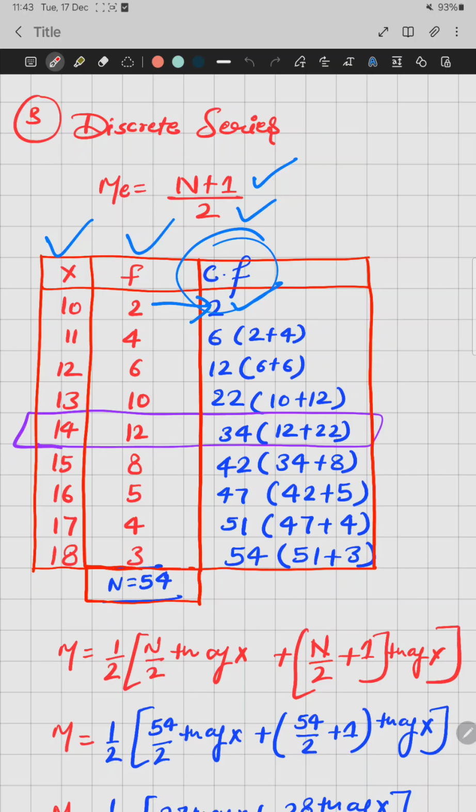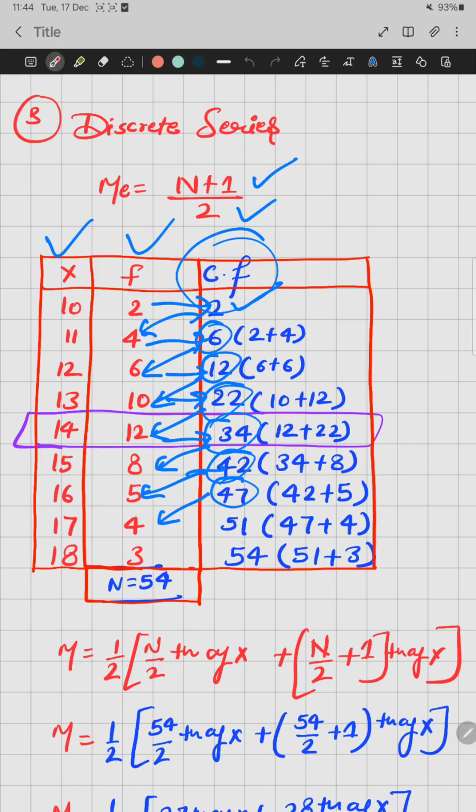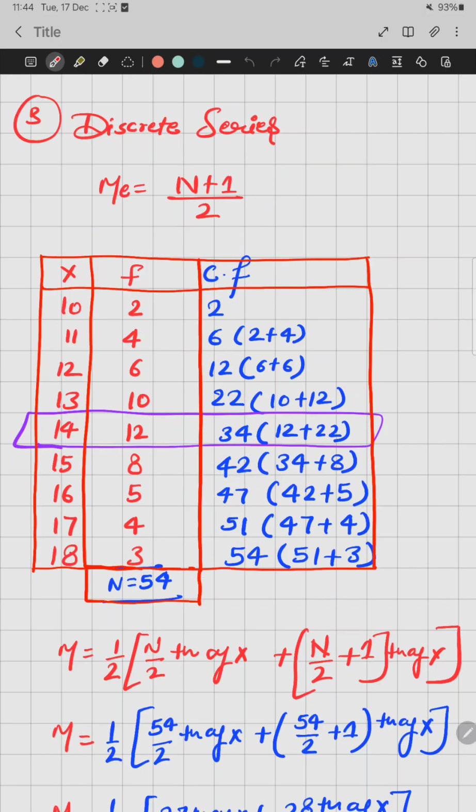Now cumulative frequency is an addition to the next frequency: 2 plus 4 is equal to 6, 6 plus 6 is 12, 10 plus 12 is 22, 22 plus 12 is 34, 34 plus 8 is 42, 42 plus 5 is 47, 47 plus 4 is 51, and 51 plus 3 is 54, and that is your n.